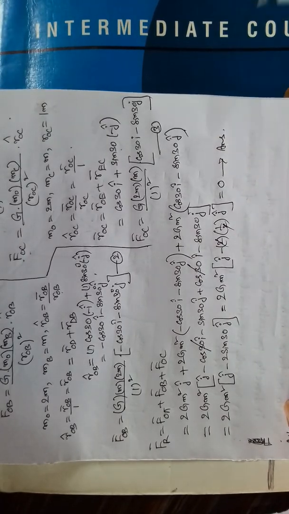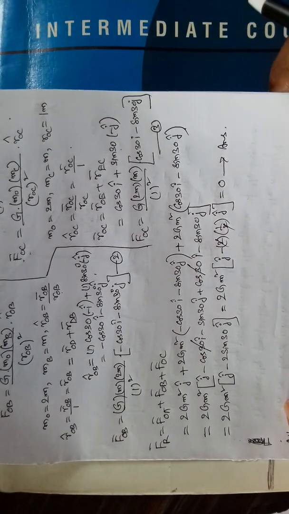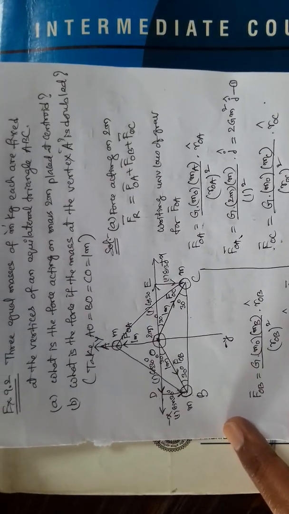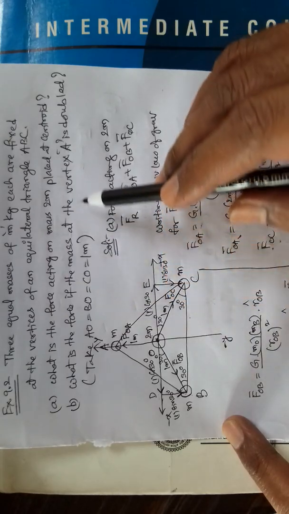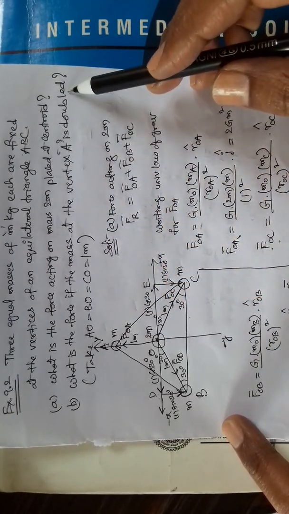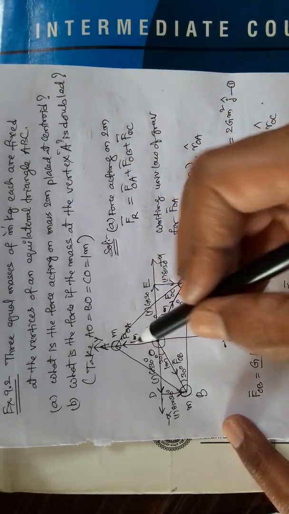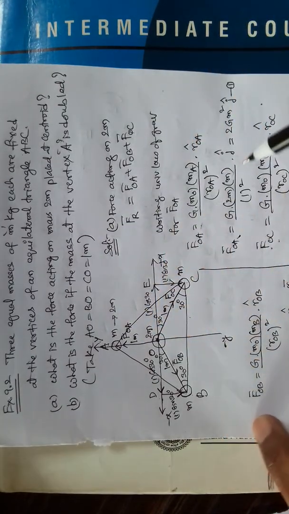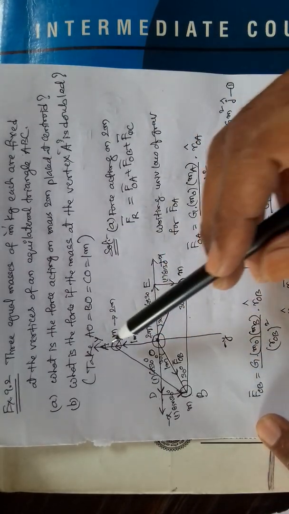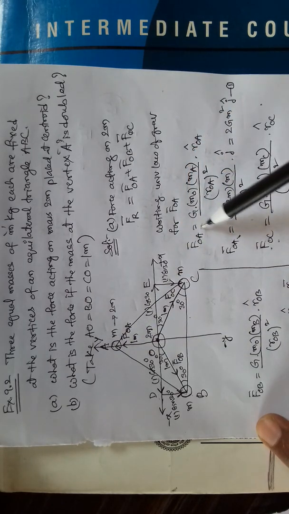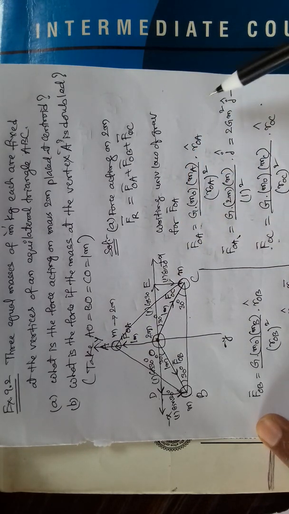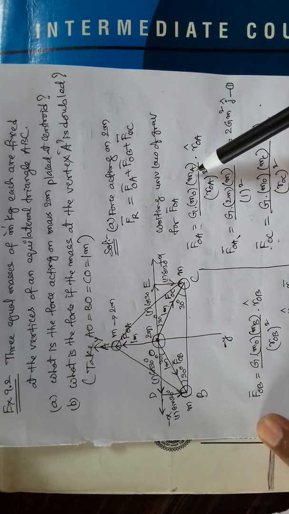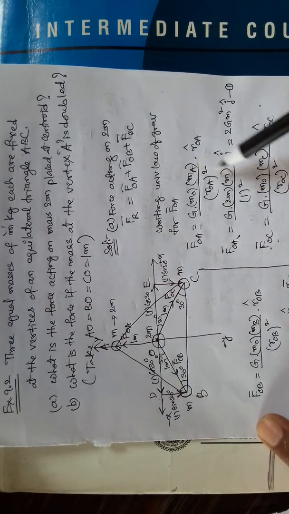This is one answer. Now what is the second question? What is the force if the mass at the vertex A is doubled? Here, this is changed to 2m. So in place of mass at A, we have to put 2m.